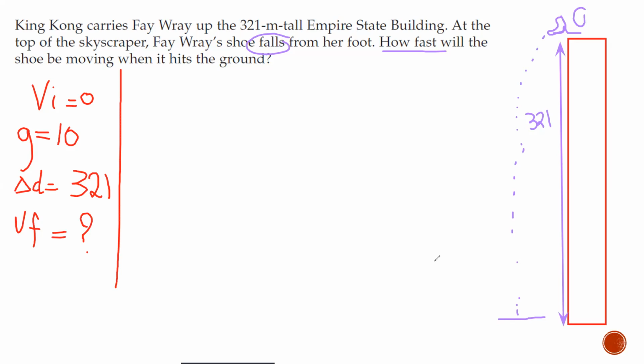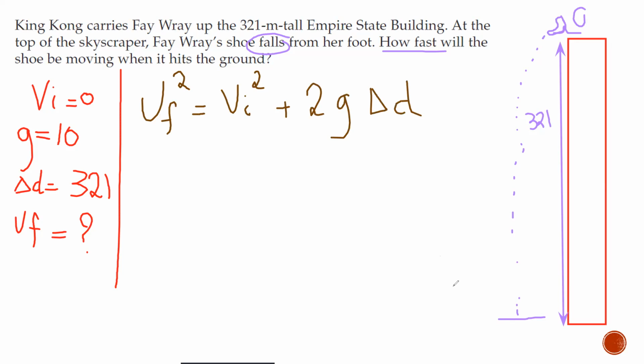V final squared equals V initial squared plus 2G delta D. Now, V initial, as we said, is 0, plus 2 times G, which is 10, times delta D, which is 321.